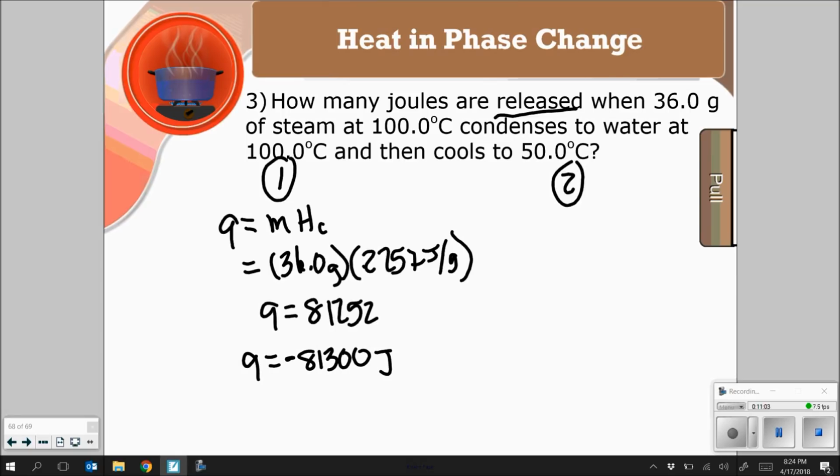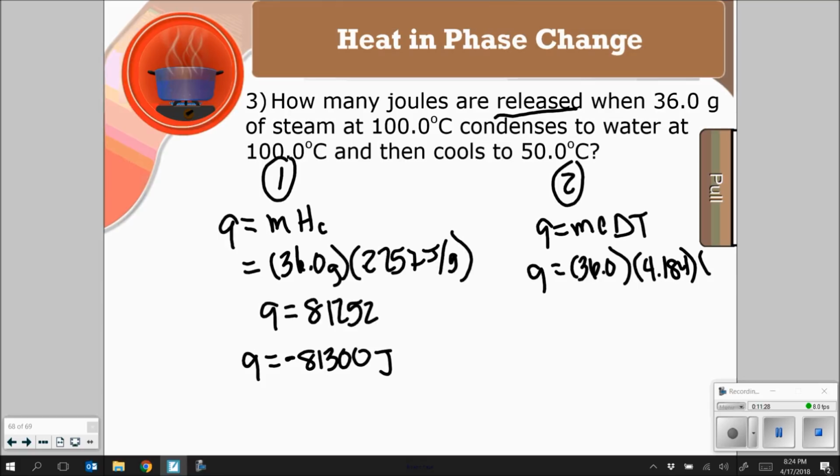Now the second part of my problem, I'm cooling water from that 100 degrees down to 50 degrees, so this is just a Q equals MC delta T problem. And we do have a temperature change here. So Q in this case is going to be equal to my mass, which is 36 grams. Remember, mass doesn't change. My C value for water is 4.184.